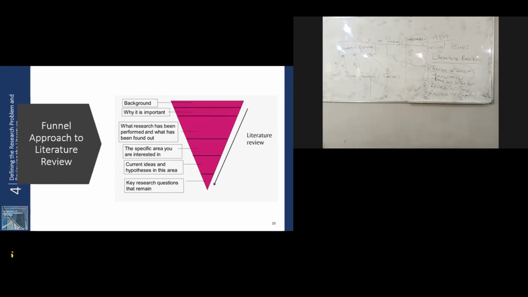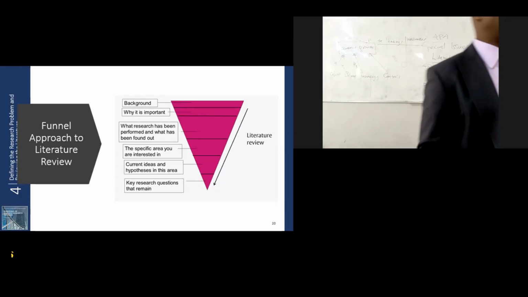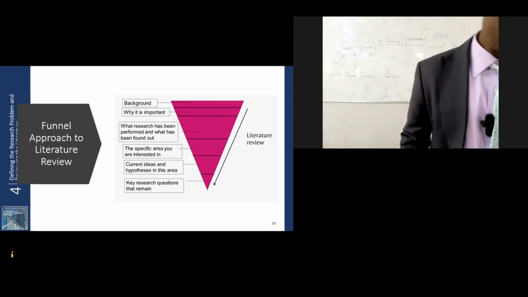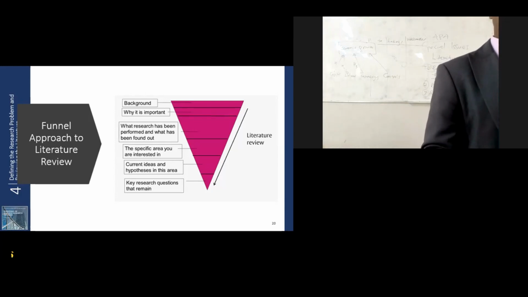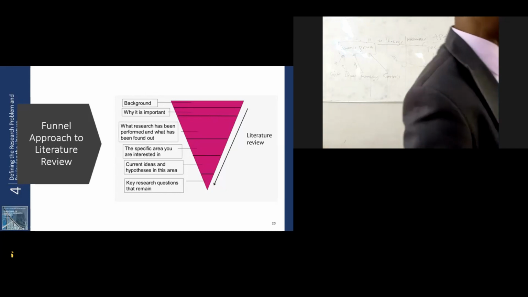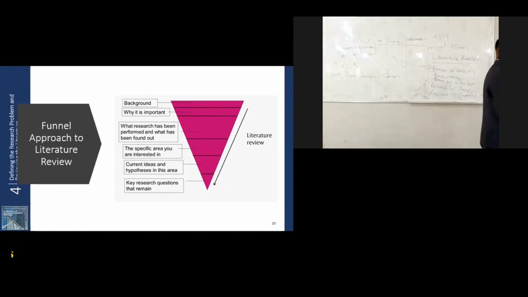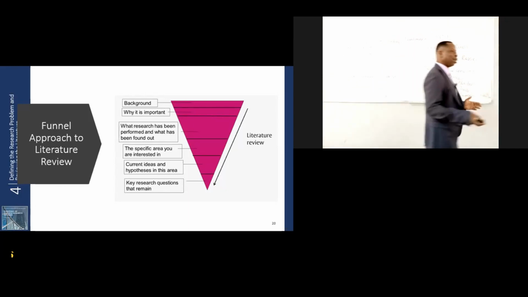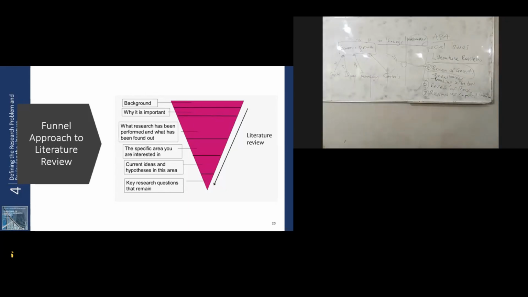In other words, when you are doing the literature review, it is usually better to be systematic. Start with older literature and come down to the more current one. It shows that you know what has transpired in that discipline over the years, but if you are just mixing old literature and new literature here and there, it's not systematic.